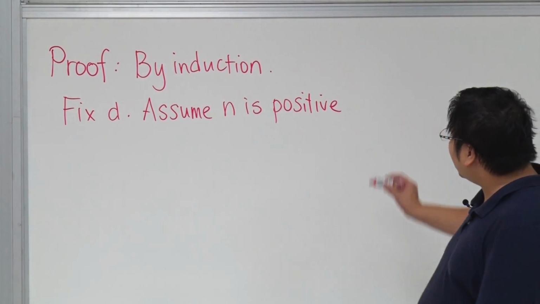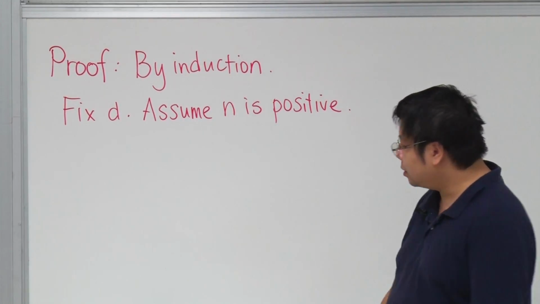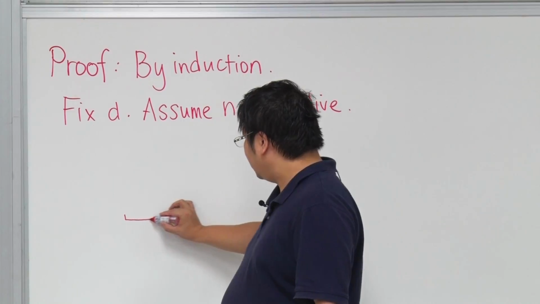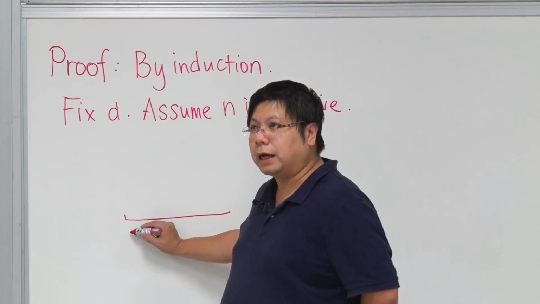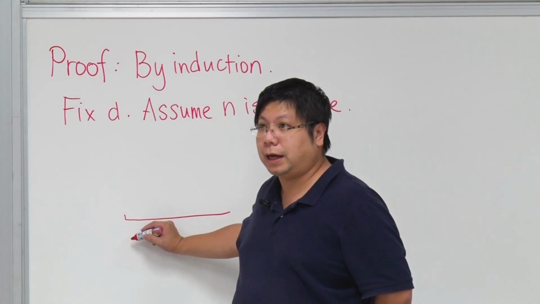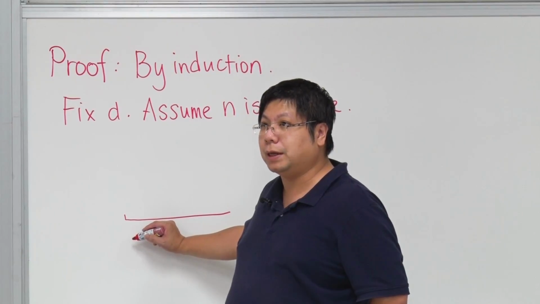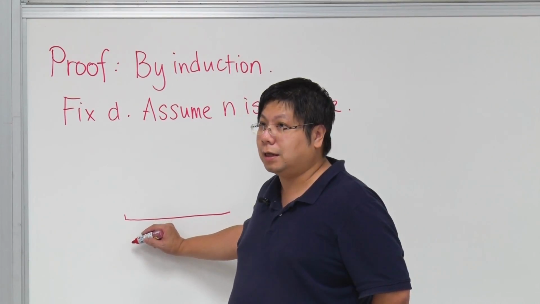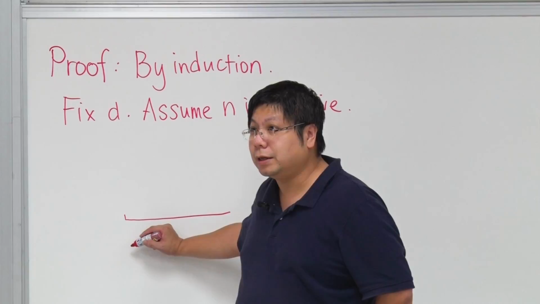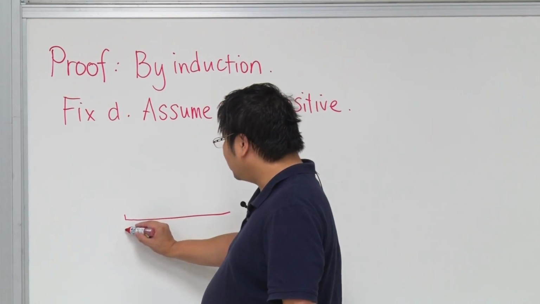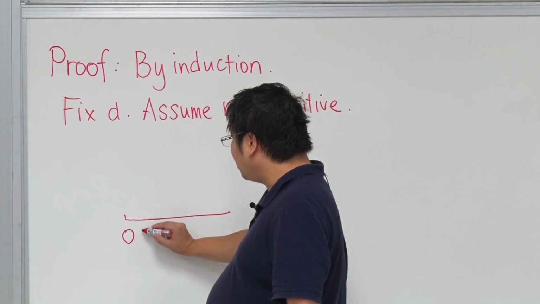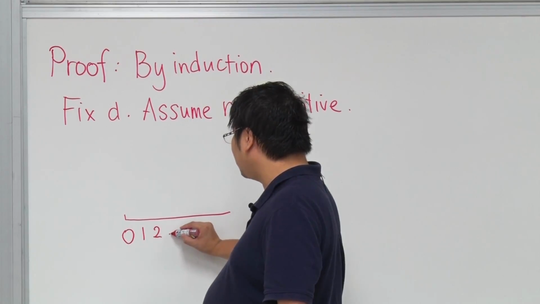So the idea is like this. We want to show that for every n, when it is divided by d, there will be q, r pairs, and these pairs will be unique. We want to show that 0 works, that 1 works, that 2 works, and so on and so forth.